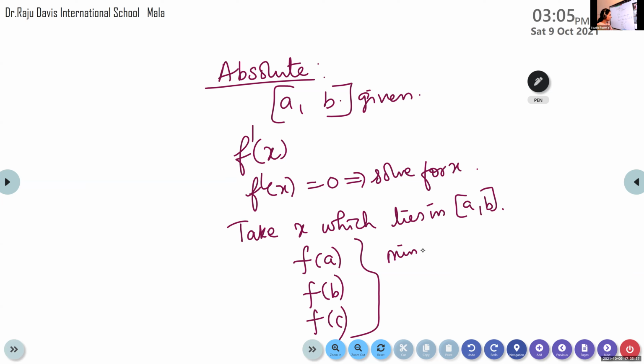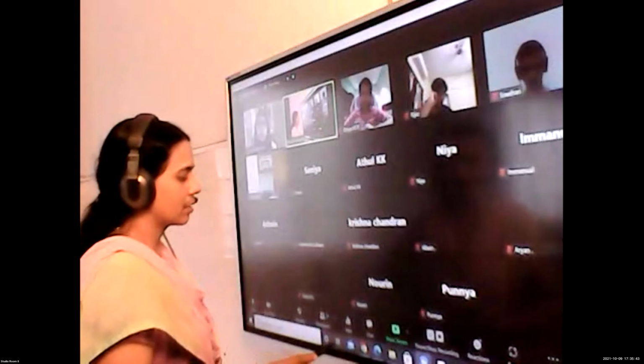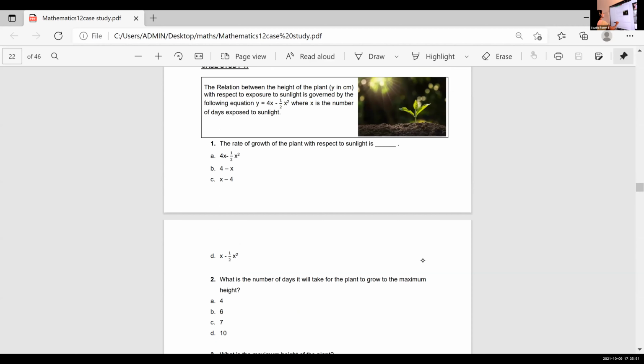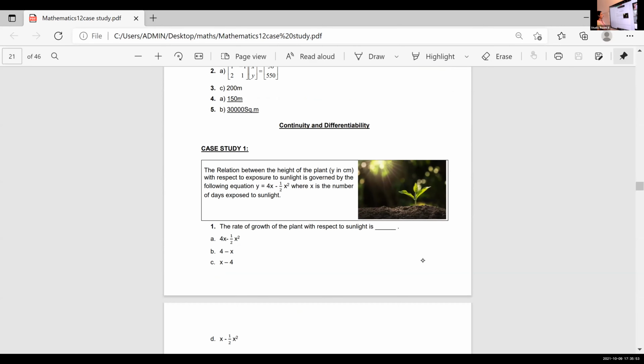So now let us do some questions from maxima and minima. First, we are going to do the case study questions given by the board. Okay, so look at the question. Read the question. Continuity and differentiability.